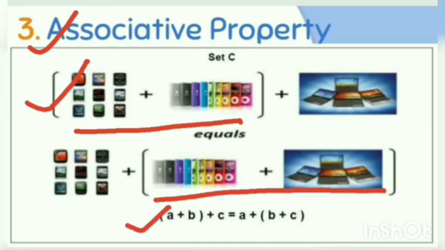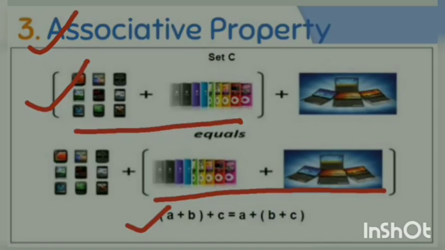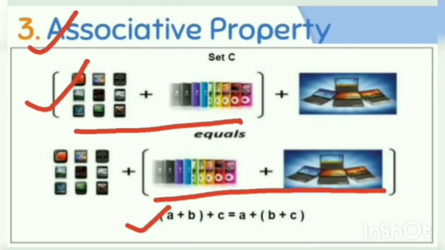As you are able to see, we have taken A, B and C. So, in the associative property, A plus B plus C will be equal to A plus B plus C. In the second part, we have grouped B plus C, and in the first part, we have grouped A plus B. Now we will see whether the associative property is followed in the case of addition, multiplication, subtraction and division or not.